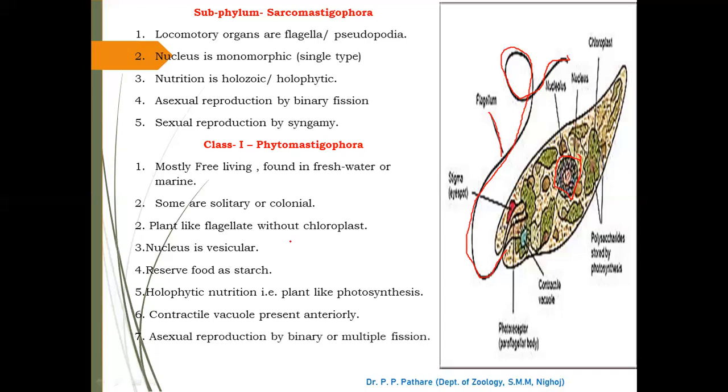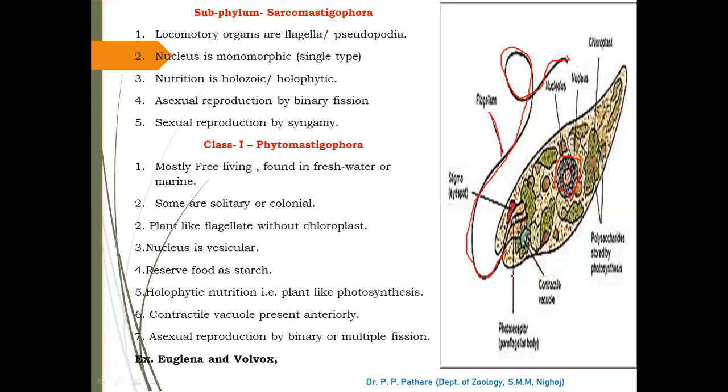Next important point: asexual reproduction is observed in Phytomastigophora by binary fission and multiple fission. Euglena and Volvox are examples of Phytomastigophorans. They show asexual reproduction by binary fission.